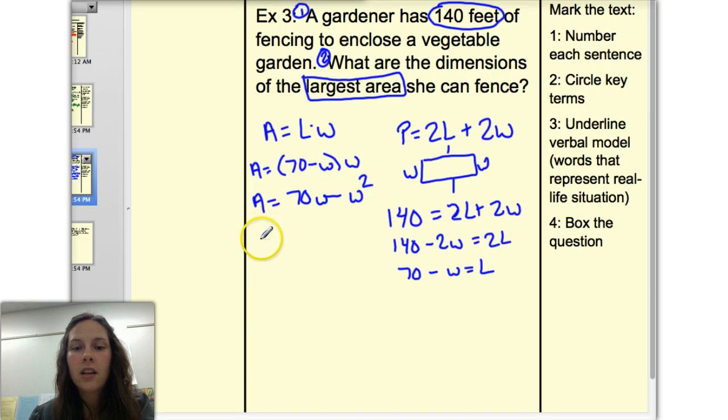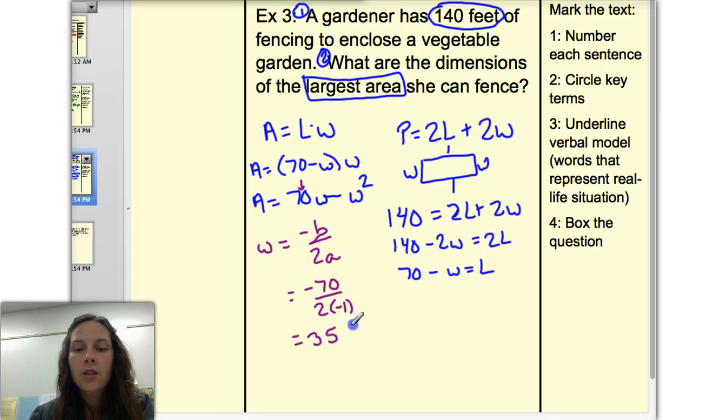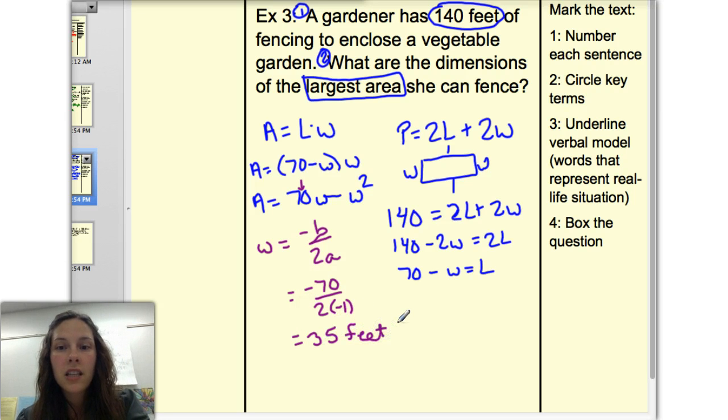So finding the W coordinate of the vertex, that will be the opposite of B over 2A. B in this case is our 70, because this is written in not standard form, it's backwards. So we have negative 70 all over 2 times our lead coefficient, in this case negative 1. Negative 70 divided by negative 2 is a positive 35. So if our width is 35 feet, that will maximize the area.